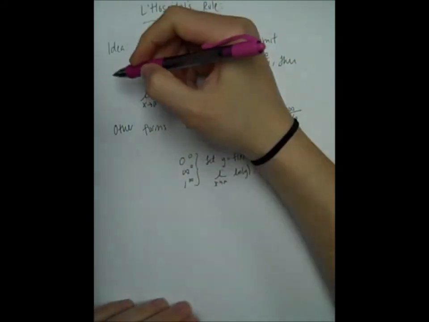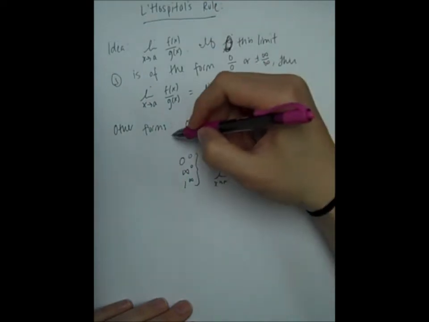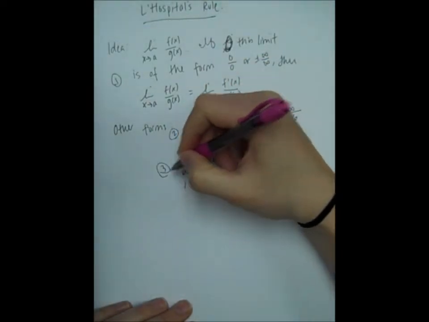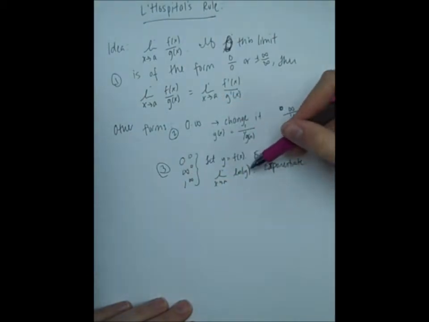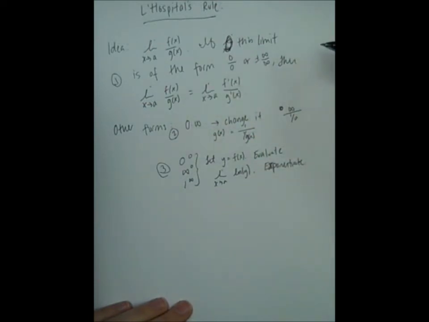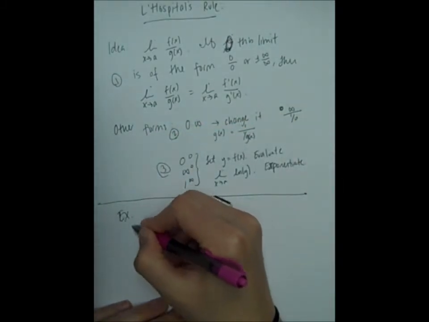So those are our three types. We can have the quotient, where it's already a quotient. I can have a product, which I'll change to a quotient. Or I can have an exponential, which I'll change to a log, which I'll then change to a quotient. In all three of these cases, we're going to be using a quotient and then taking the derivative. So that's L'Hopital's rule. Let's do some examples.